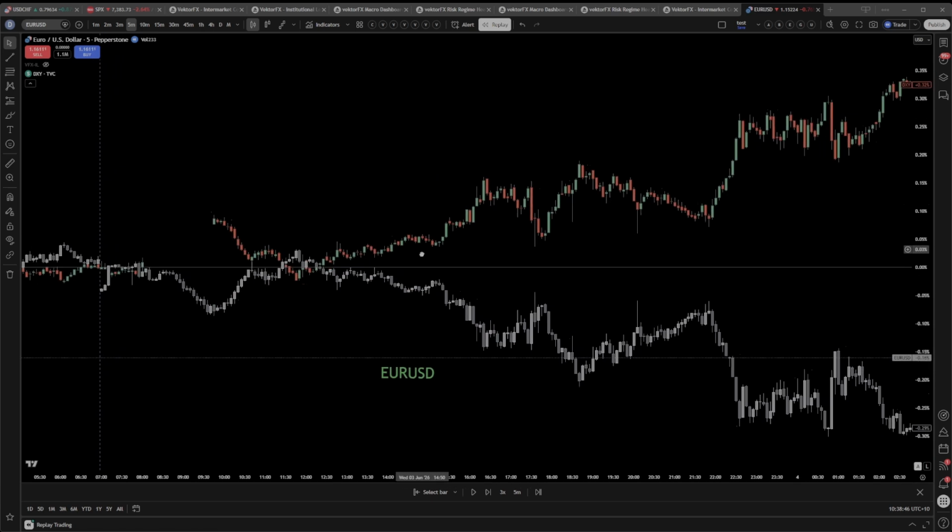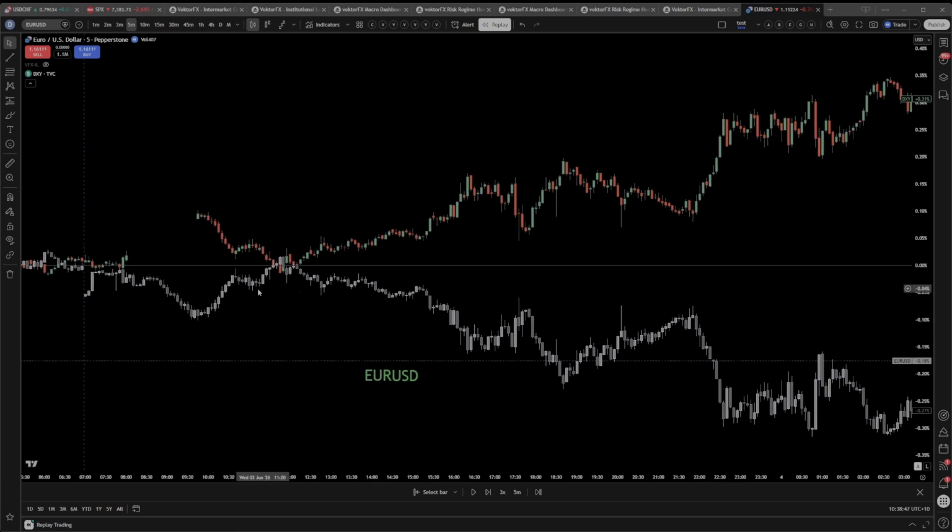So what you can see here is the chart that we had open before, which is the Euro USD, and the US dollar index. So what is the US dollar index? Now, the US dollar index is a synthetic instrument or a synthetic basket.